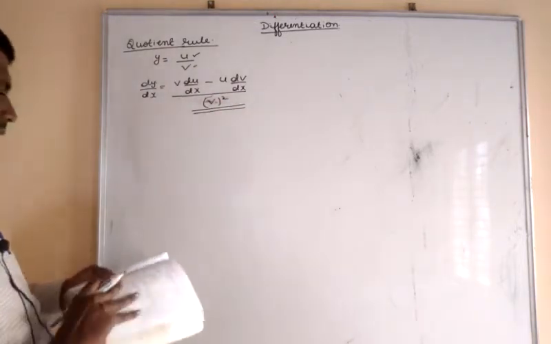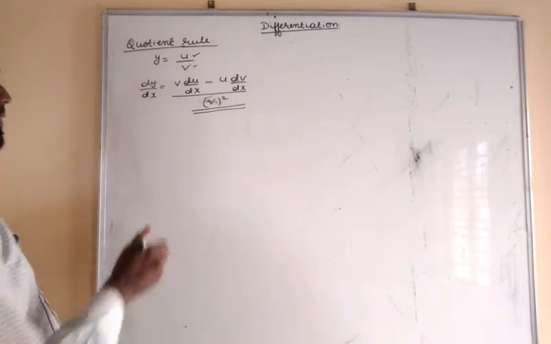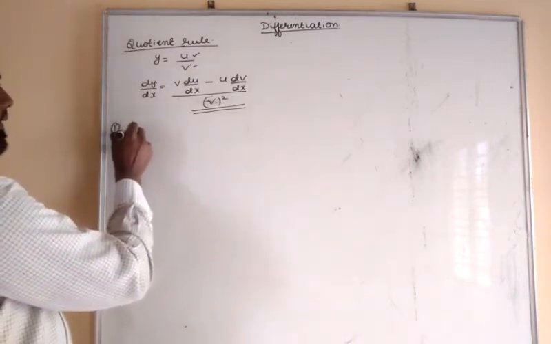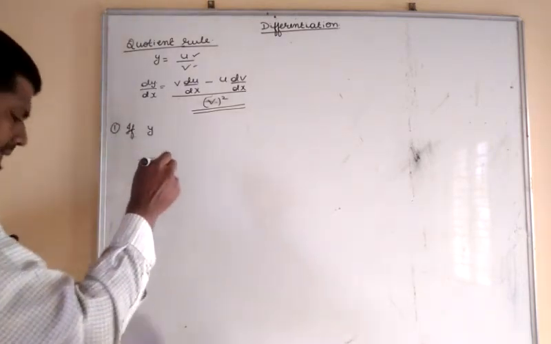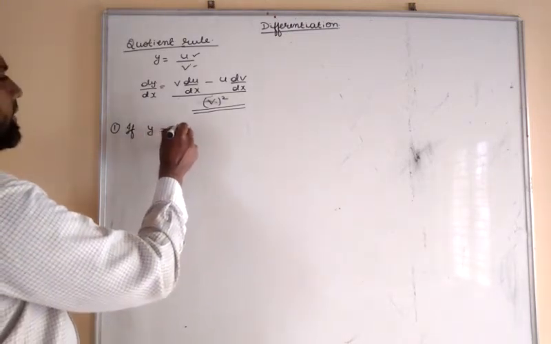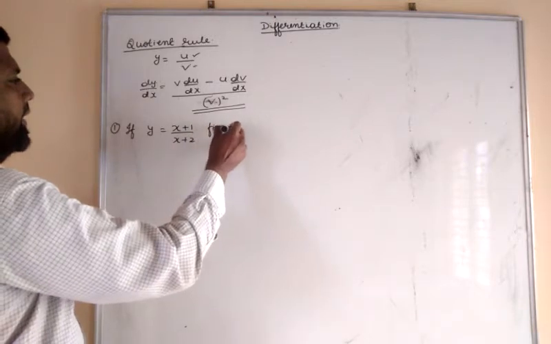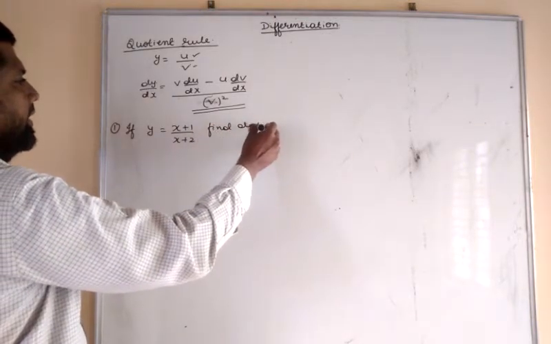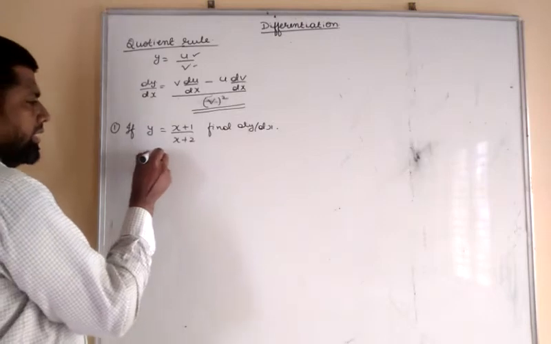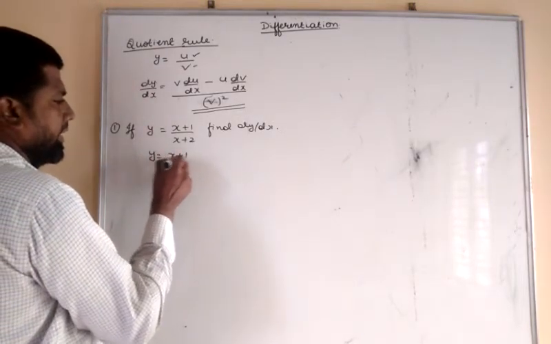So let us solve the problem here. Let us take the first problem. If y is equal to x plus 1 by x plus 2, find dy by dx. So let us take y is equal to x plus 1 by x plus 2.